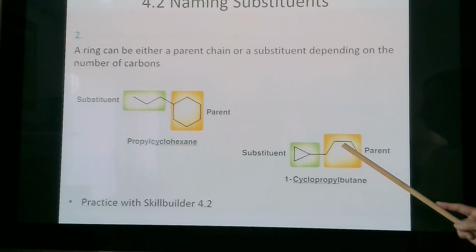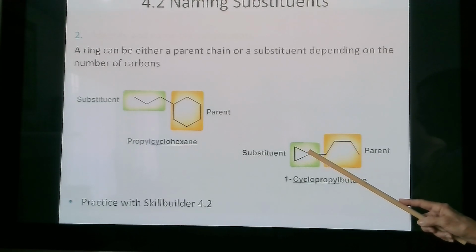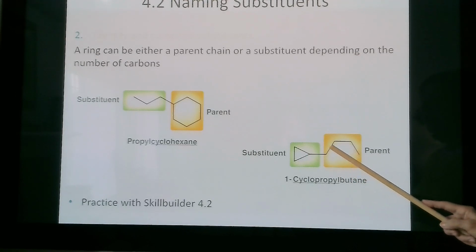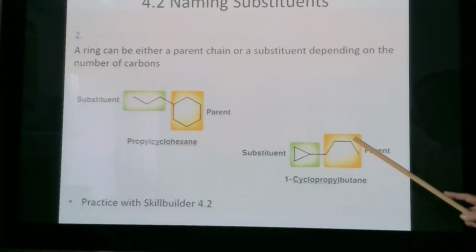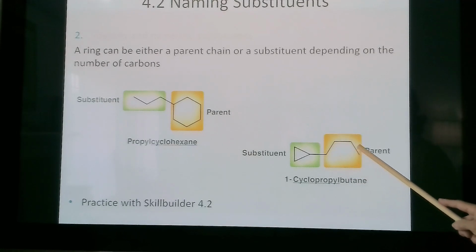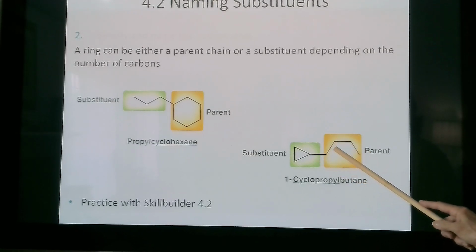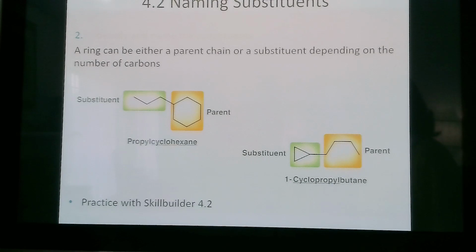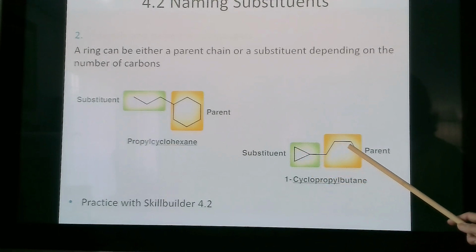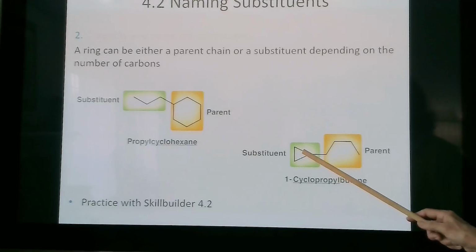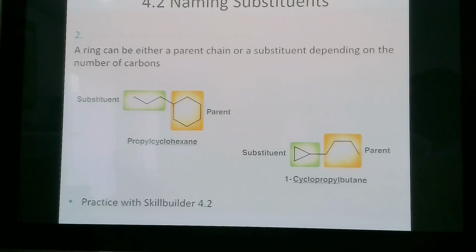However, in those cases where the ring has fewer carbons than the acyclic part, then the acyclic part becomes the parent. So this is cyclopropylbutane, because this has 3 carbons and that has 4 carbons.